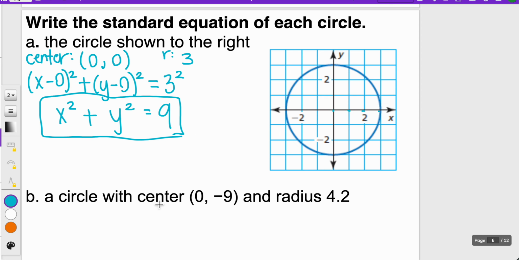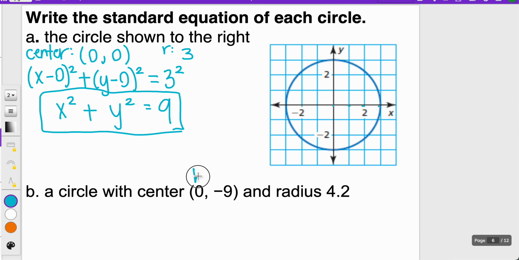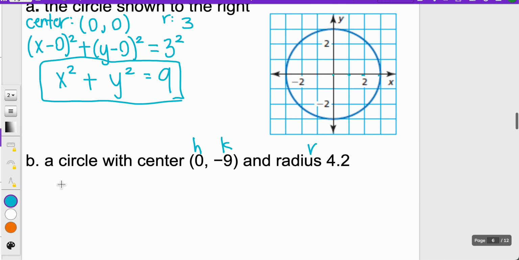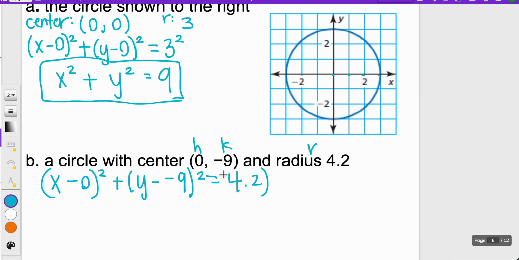The next one we have no picture, but we have the things we need. So here's our h, here's our k, and then here's our r. So we're going to do x minus 0 squared plus y minus k, so y minus negative 9 squared is equal to 4.2 squared. X minus 0 squared is still x squared.